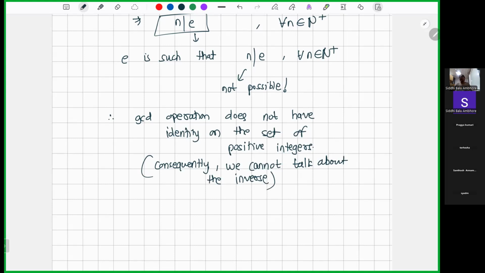Okay, so as Pragya pointed out, we can't talk about inverse here.